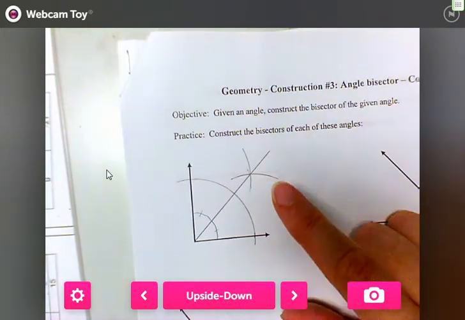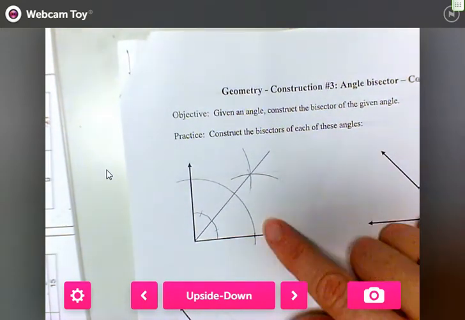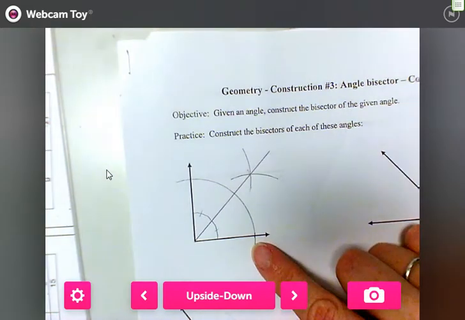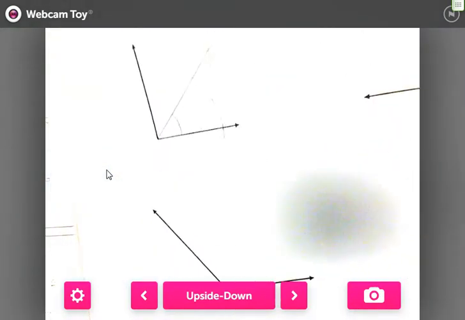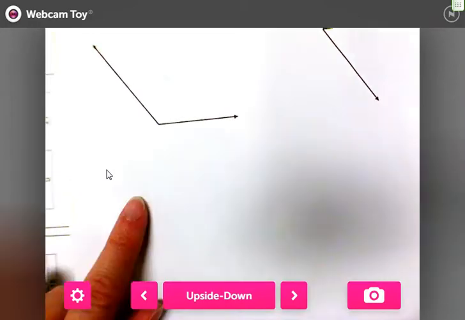Okay, so now let's write instructions so we remember how to do this. So I'm going to do this one, and then the other ones I'm going to have you guys share out.